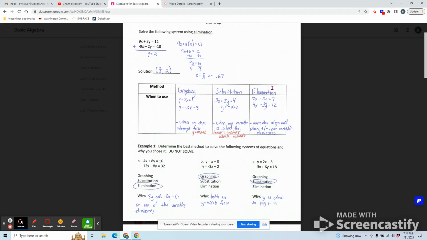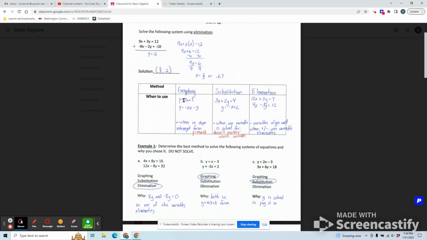And then the last one is elimination. We use this when our variables are lined up and when we have opposites, or we can get rid of them by adding or subtracting. So here I have a 3y and a negative 3y. Those would be opposites. So I would use elimination to solve.